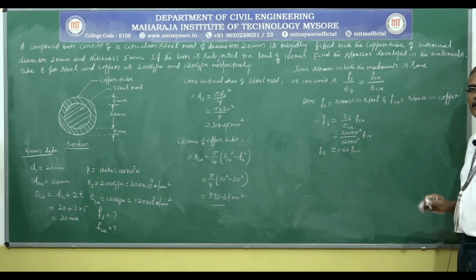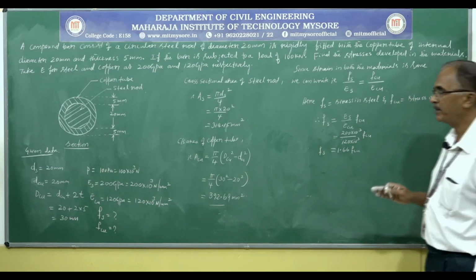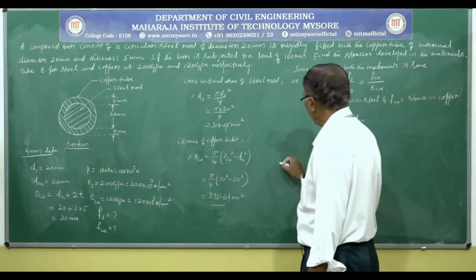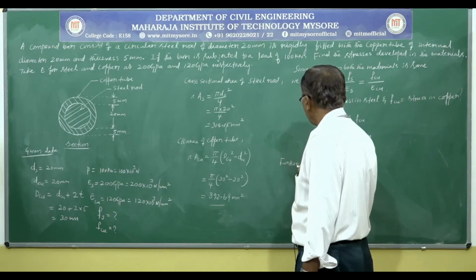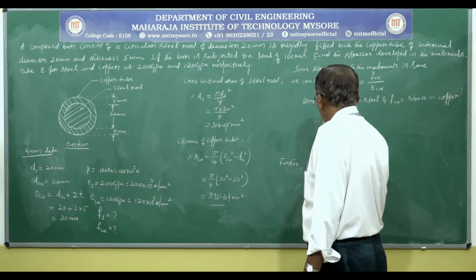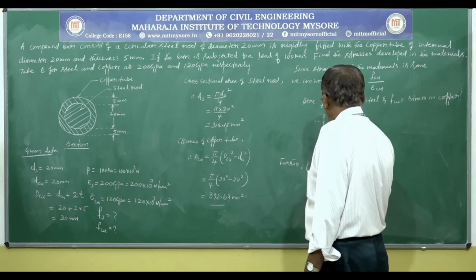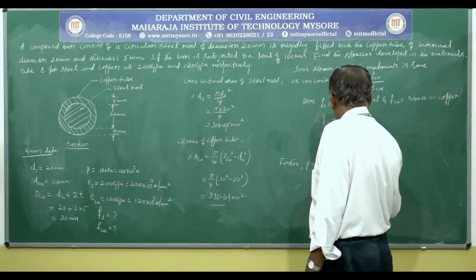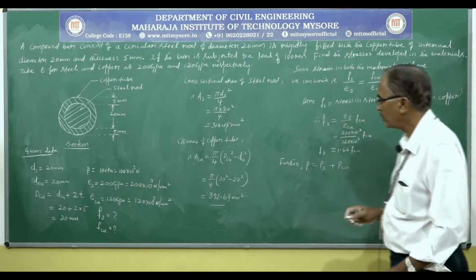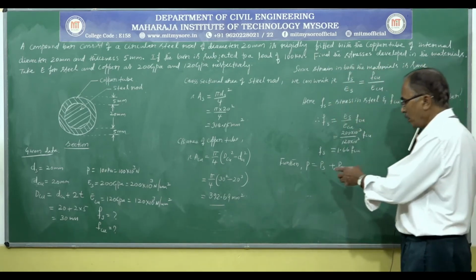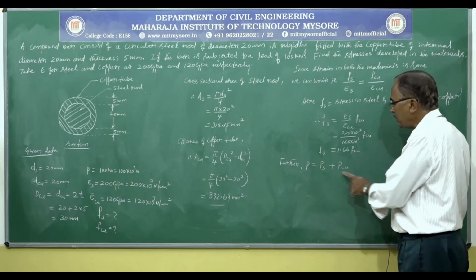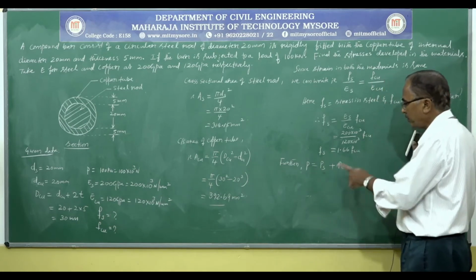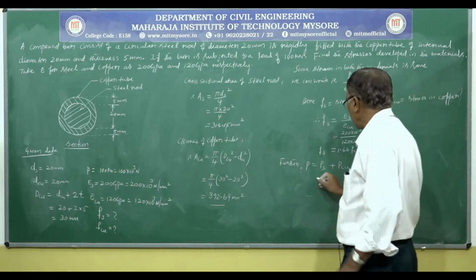Next step is we have to decide the load carried by the different materials. Further, P is equal to Ps plus Pcu. Total load coming on the compound bar is equal to load received by steel plus load received by the copper.